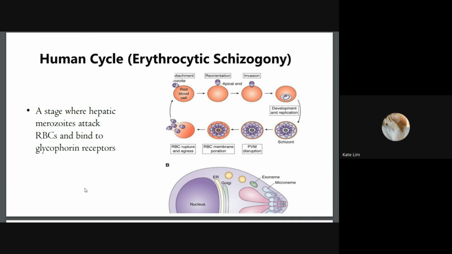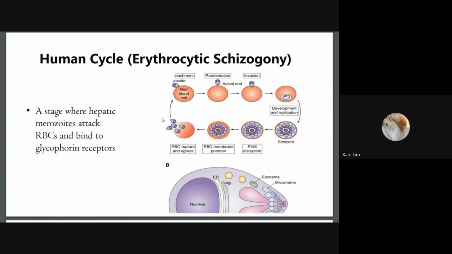If you remember, I told you about these receptors. So glycophorin, which is the receptor, is a protein that is actually found on the RBCs. So if this is your RBC right here, there are receptors, and it would act as a docking site for the merozoite.